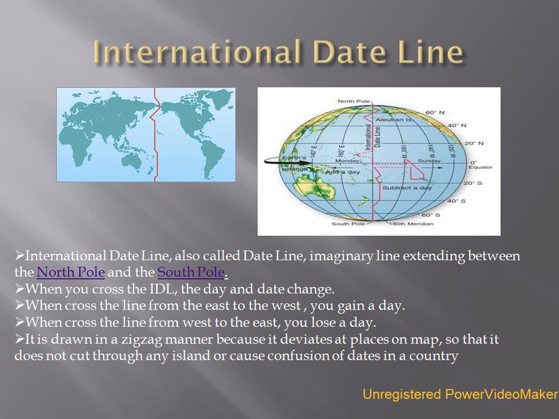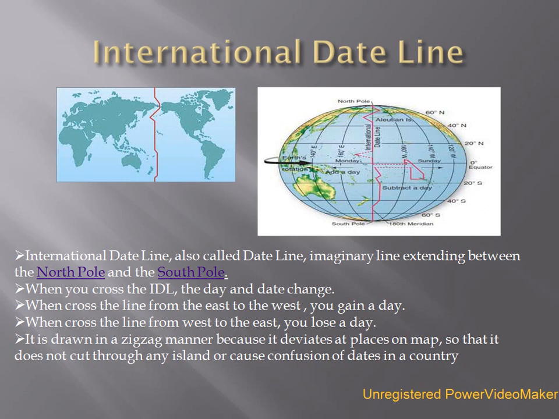Now, this international dateline is not a straight line. It is drawn in a zigzag manner because it deviates at places on the map so that it does not cut through any island or cause confusion of dates in a country.